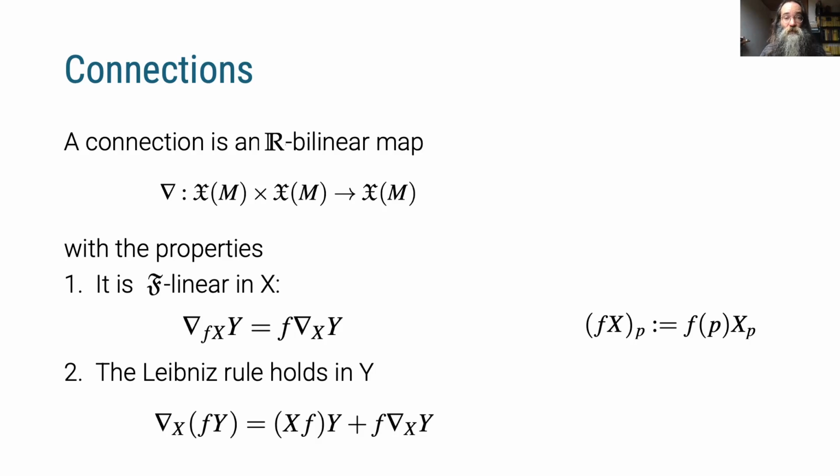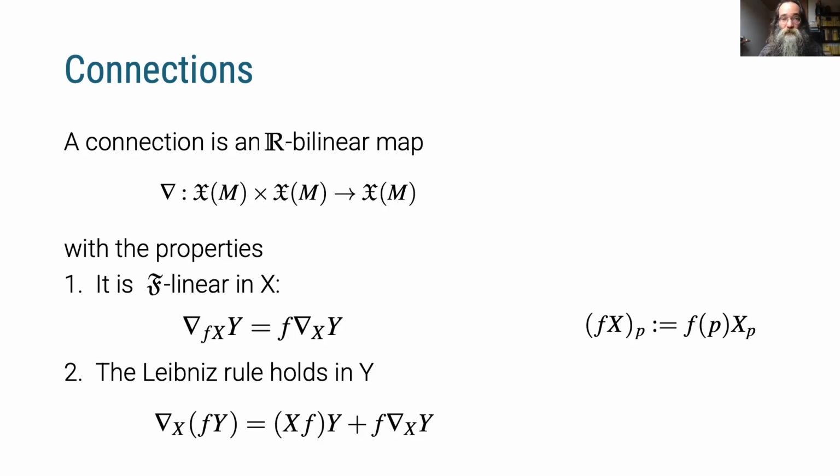So a connection now is abstractly just an R bilinear map, usually denoted by nabla, on any manifold, that takes two vector fields on that manifold and produces a second vector field. So this is just a map which you can define, and it is supposed to have these two properties.